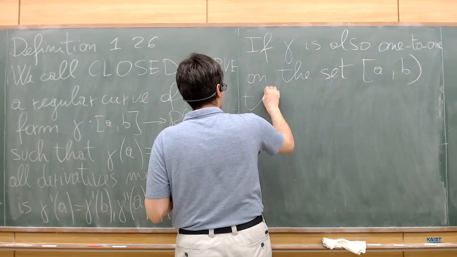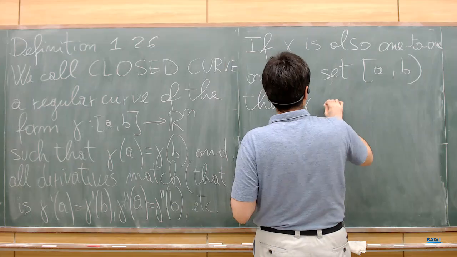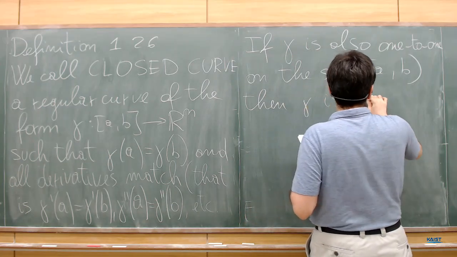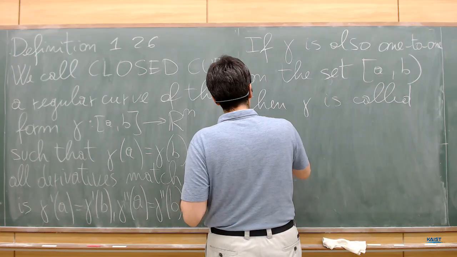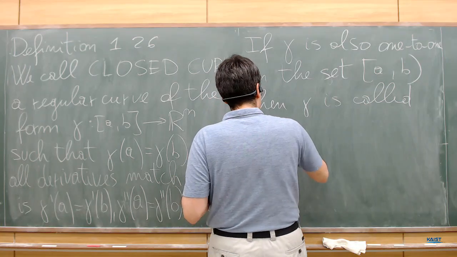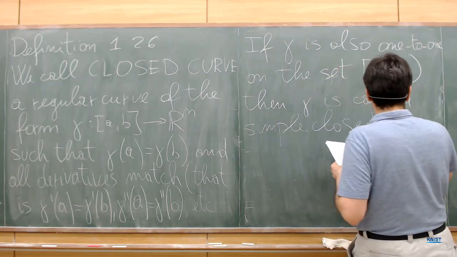Then gamma is called simple closed curve.